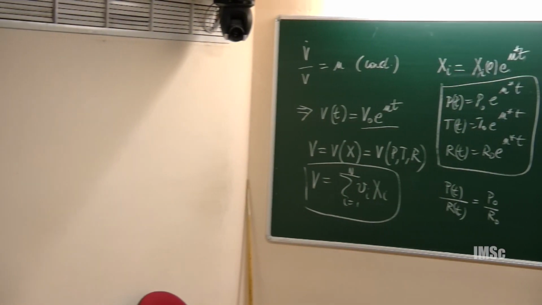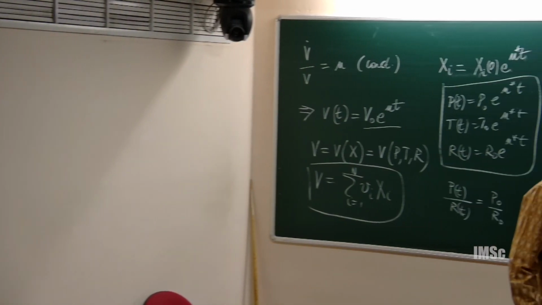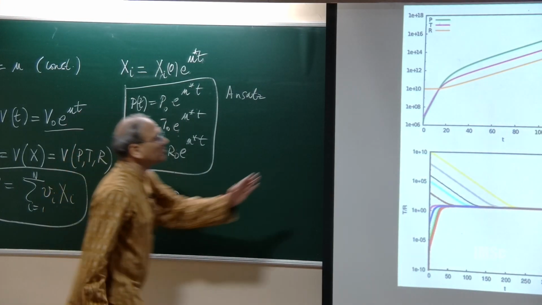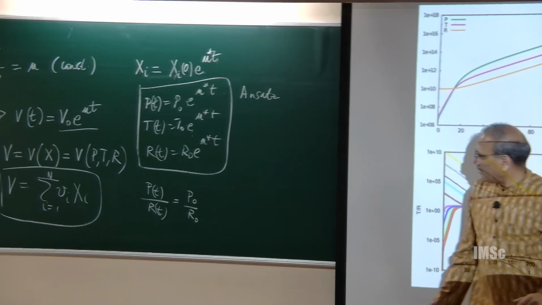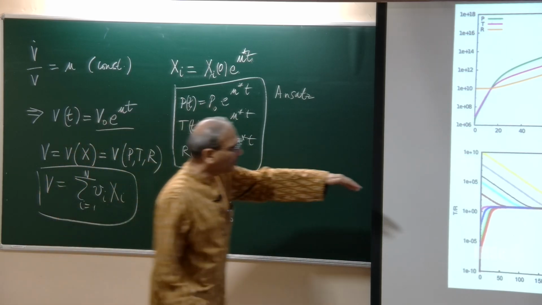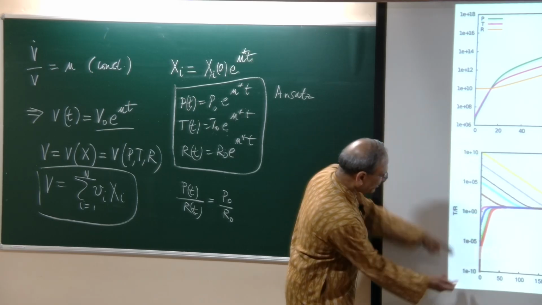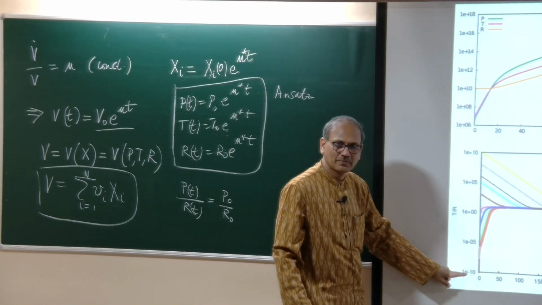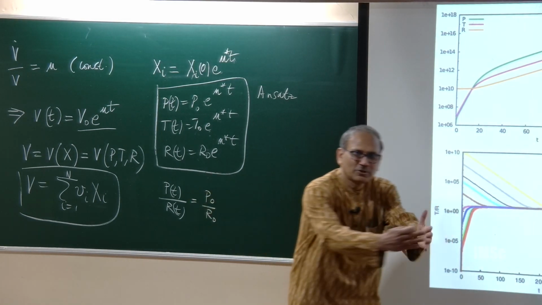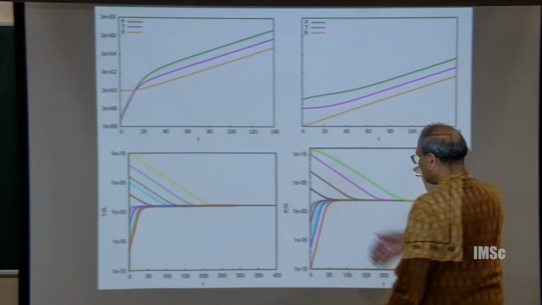Now here, what is actually plotted is the ratio T by R. If this was the right description of these curves, then the ratios should have become constant, and they indeed do. And here you can see the set of initial conditions for which it has been tested ranges over 20 orders of magnitude. It doesn't matter what initial conditions you start with, they will all converge to the same fixed point. Okay, these are different initial conditions and so on.